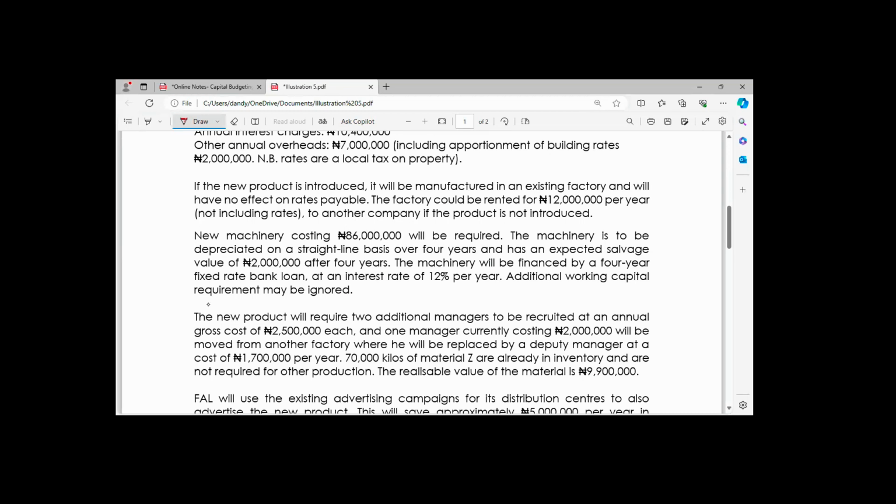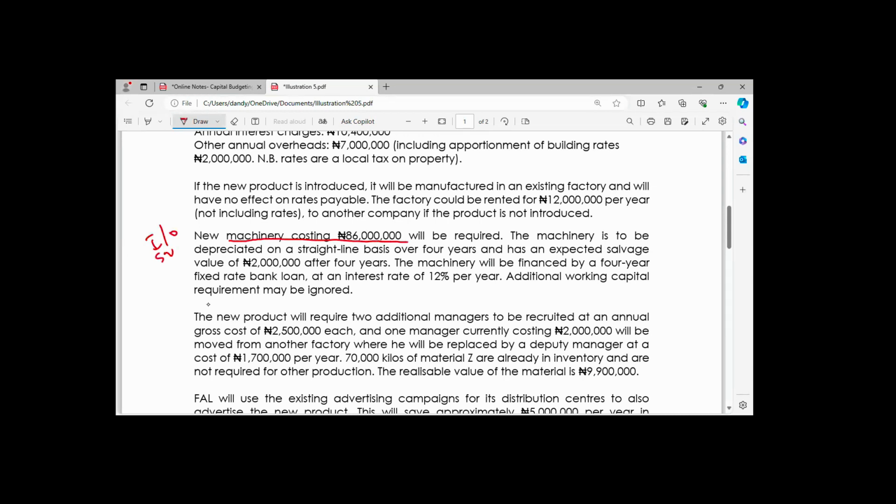Okay, I can see initial outlay. The machinery is to be depreciated on a straight line basis over 4 years and has an expected salvage value of 2 million naira. So in this paragraph, I can see initial outlay, I can see scrap value.